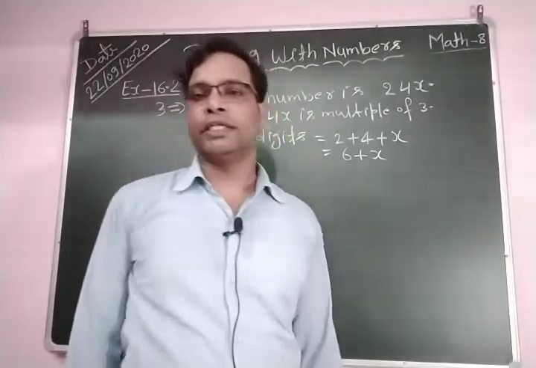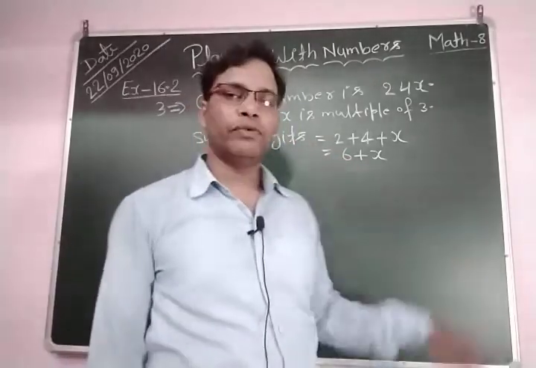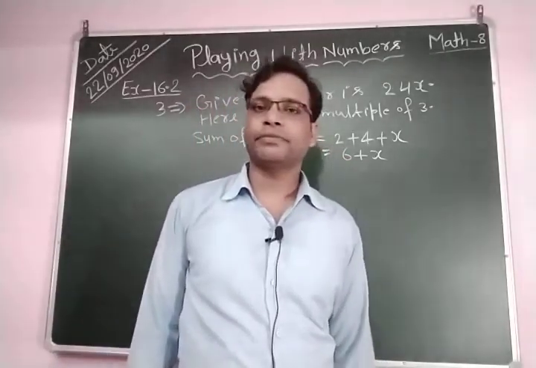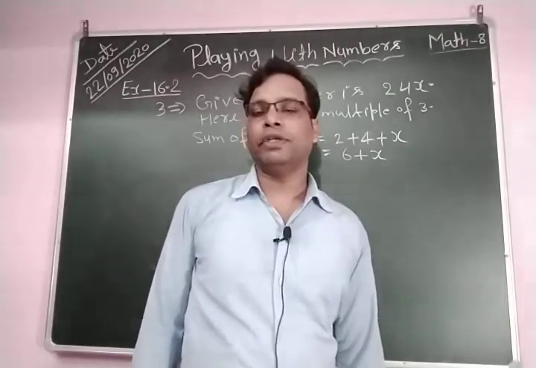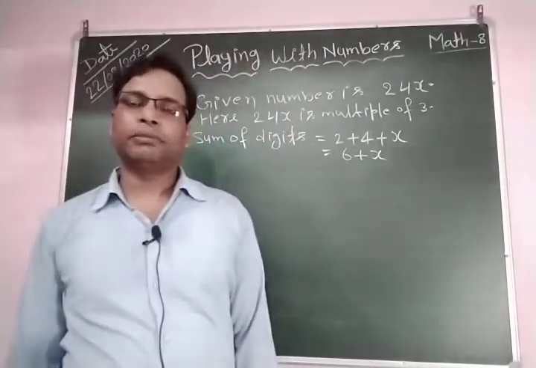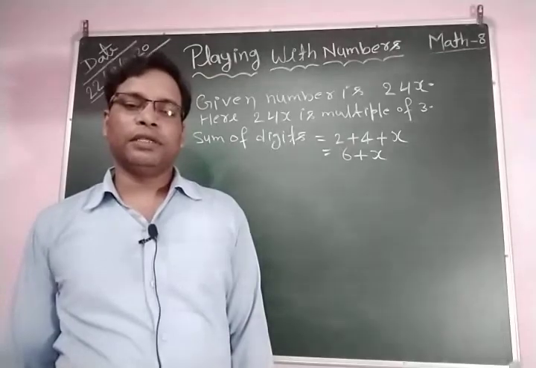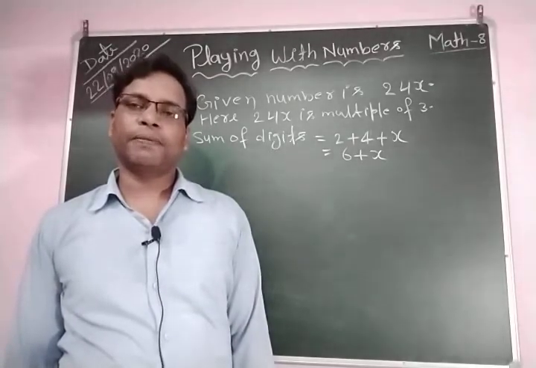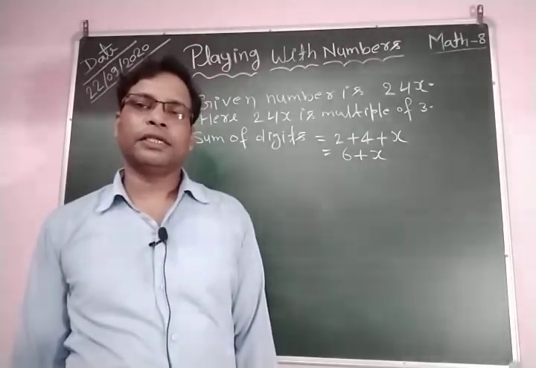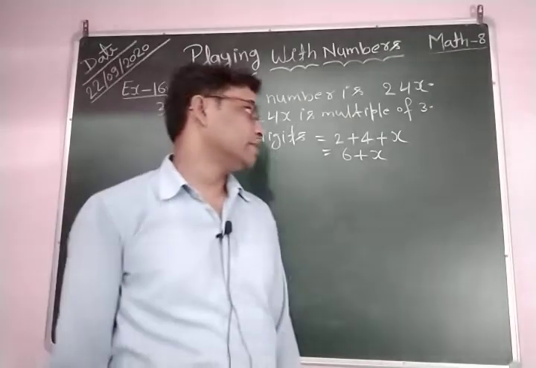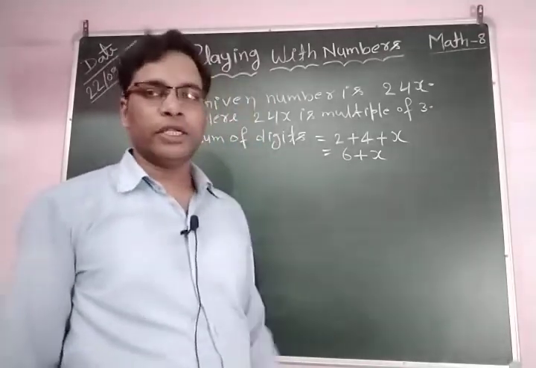What is x? x is a digit, and this number 24x is divisible by 3. So we know that if the sum of the digits of a number is divisible by 3, then that number is also divisible by 3. So for this we use the trial and error method.